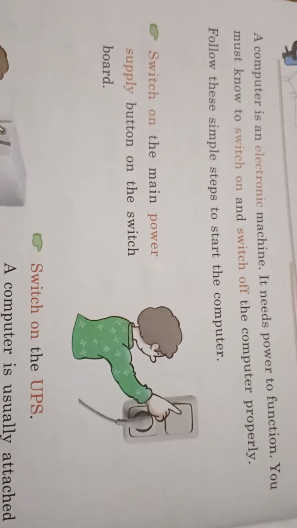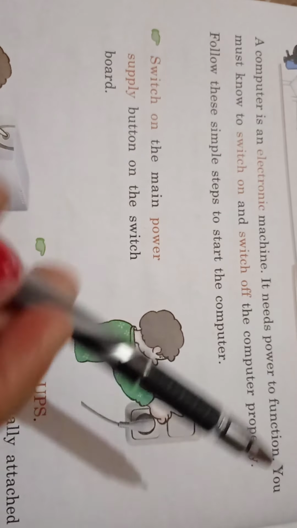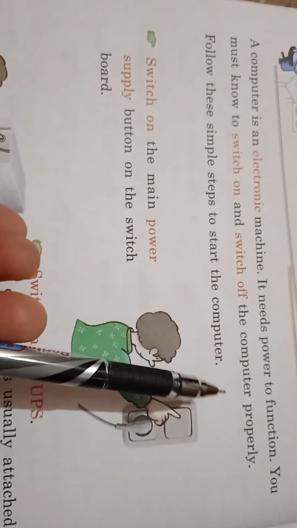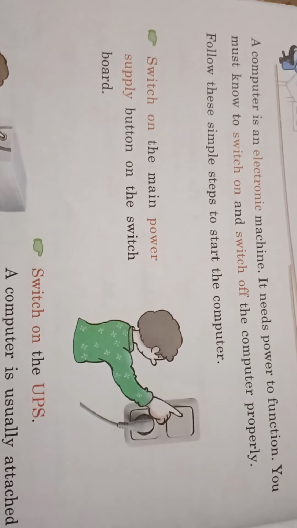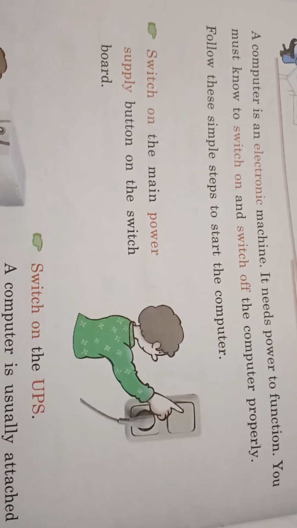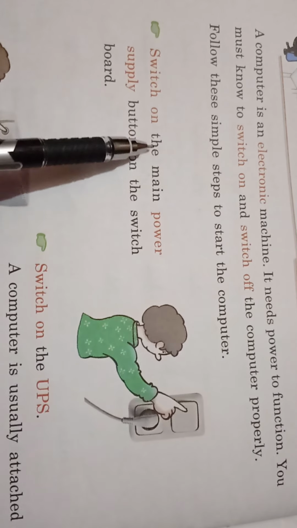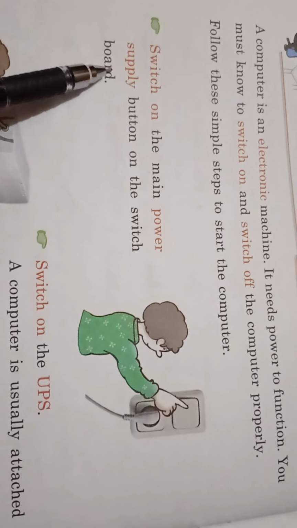It needs power to function. Now you must know to switch on and switch off the computer properly. How we can switch on or switch off the computer, now we learn. So we have to follow these simple steps. Switch on the main power supply button on the switchboard.